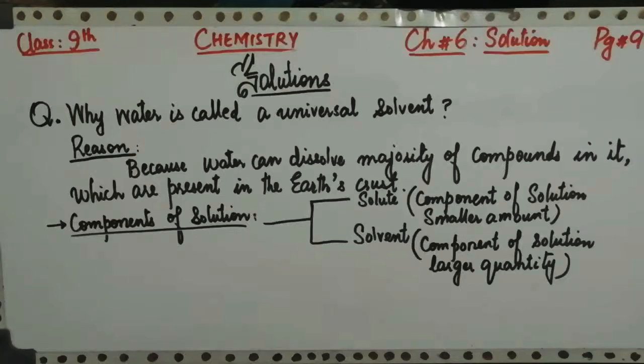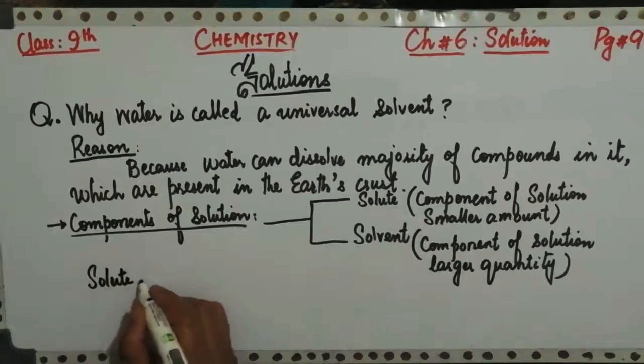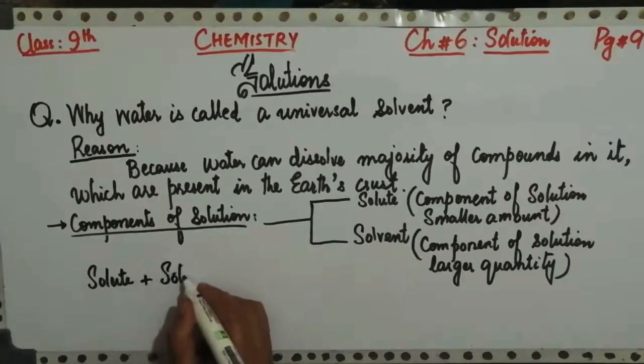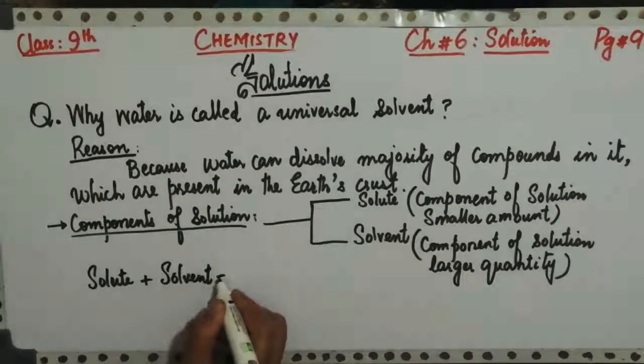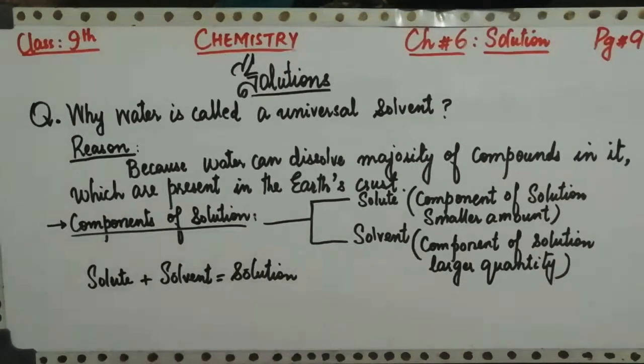Now the detail about the solute is that a solute is dissolved in a solvent to make a solution. So this is the special thing about the solute, that solute always dissolves in solvent to make a solution. So basically solution has two components in which solute always dissolves in solvent.